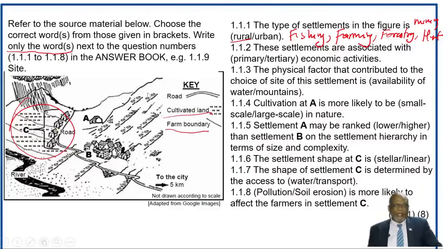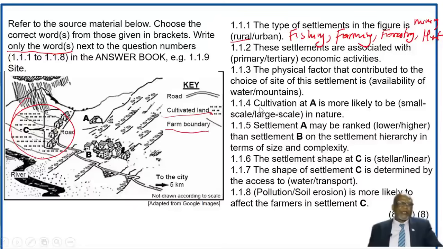And when you say a settlement is nucleated, we are classifying it according to pattern. And when you say a settlement is a metropolis, a conurbation or a town, we are classifying a settlement according to size and complexity. So sometimes you can be asked a question along those lines.